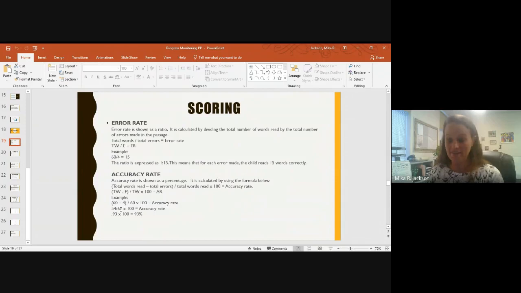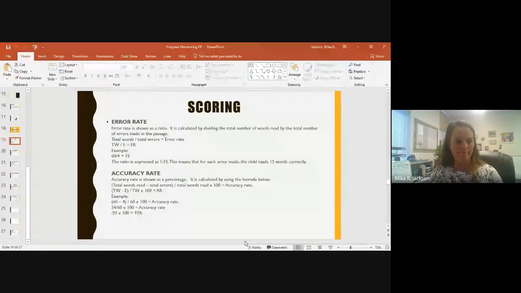Instead of 54, we would take the 56 divided by 60, and we would come up with still a 93. So the 0.93 that you get on the calculator times 100 is 93%. So you get your accuracy rate right there.